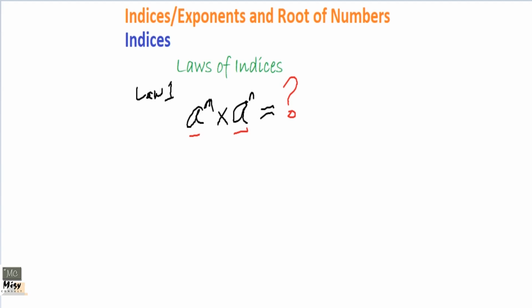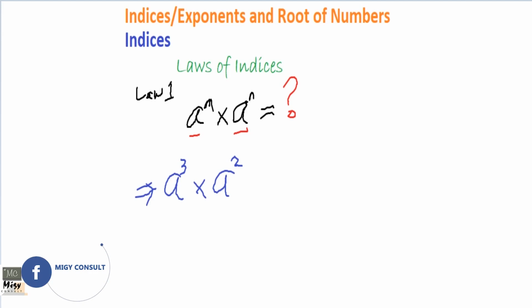Take the first one as 3 and the top as 2. The general rule is that if indexes are on the same base and all the bases are equal, the top, that is the index, is what matters. So a raised to the power 3 means a times a times a.